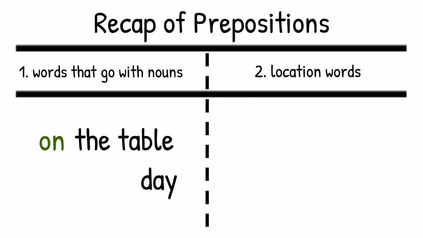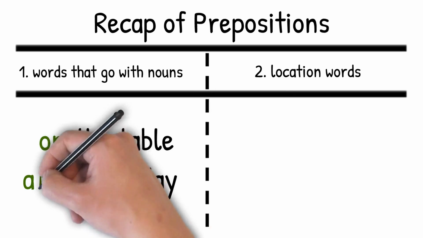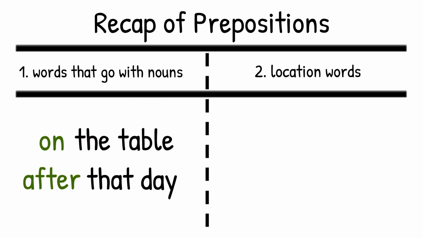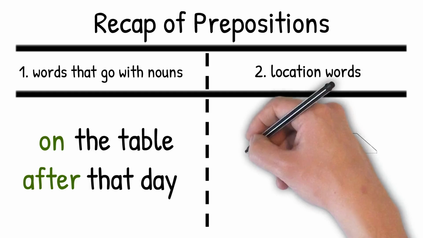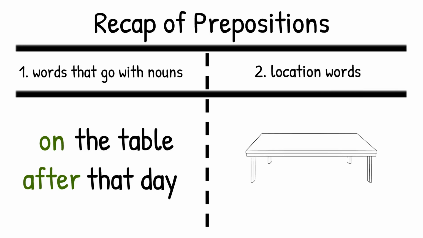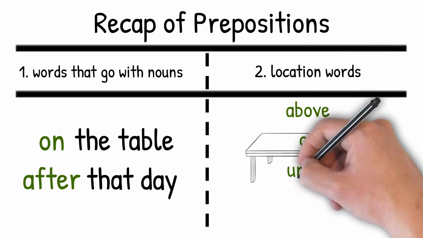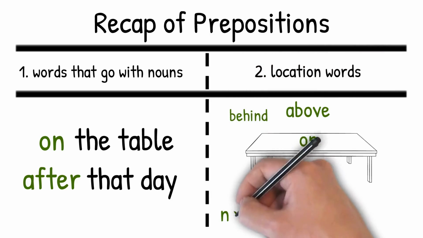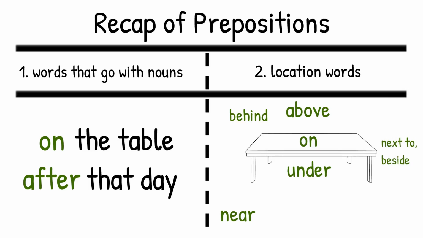Likewise, with the noun day, you could be talking in particular about that day, but you can add words like after, which help connect that day to other parts of your sentence. Or you can think of prepositions as location words. That is, if you have any noun, a thing, such as a table, you can talk about things being on the table, above the table, under the table, behind, near, next to or beside the table, or even between the legs of the table or at the table.